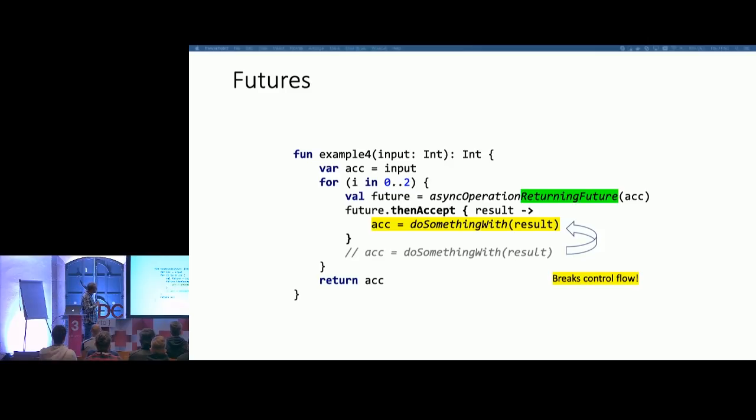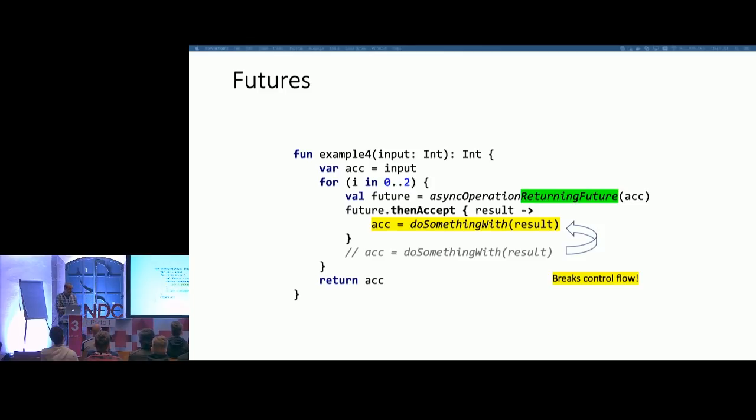The problem is that now that do something with is not in the scope of the for anymore. It's in the scope of the callback. So the for will continue without calling do something with, because do something with will only be called on the callback. So I needed to change the structure of my code, and the code doesn't work anymore because I need to remove things of the sequential for each or for.